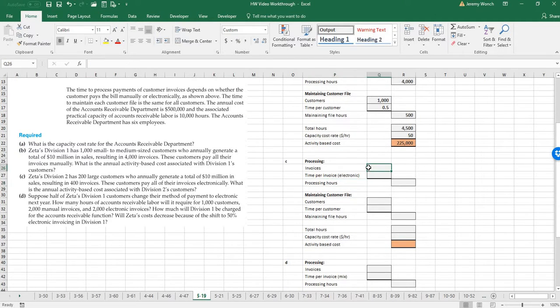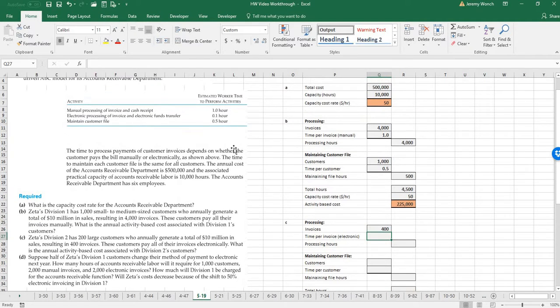In this case, they generate 400 invoices, and since they're all electronic, it only takes 1/10 of an hour.